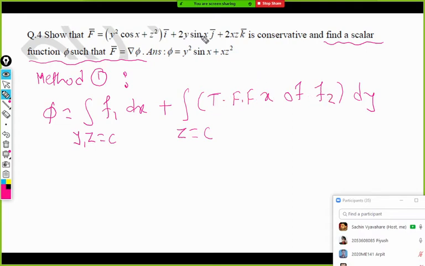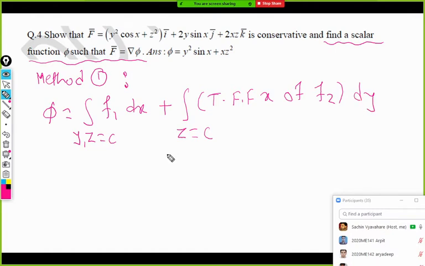How many terms are in f2? Only one. 2y sin x is a single term because it is a multiplication, and it involves the variable x. Sin x is there, so this f2 term is not free from x. So what should be written here? 0. There is no term of f2 free from x, so 0 dy.